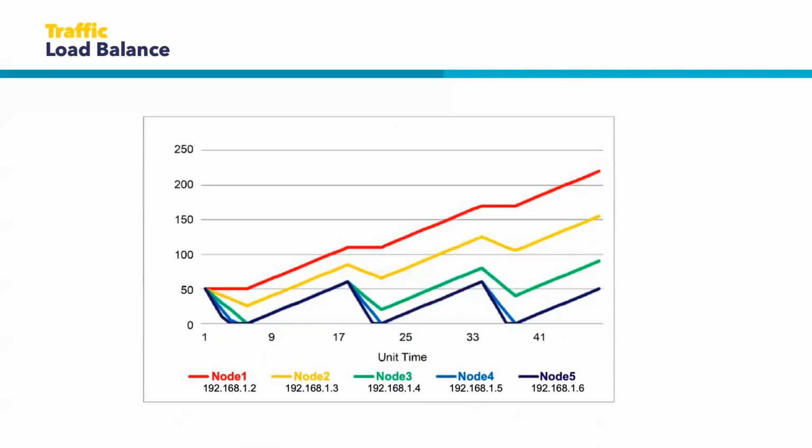For example, if you look at the graph, it shows the unit of time based on the number of requests. For example, I have 5 nodes. Node number 1 is the red, and node number 2 is yellow.